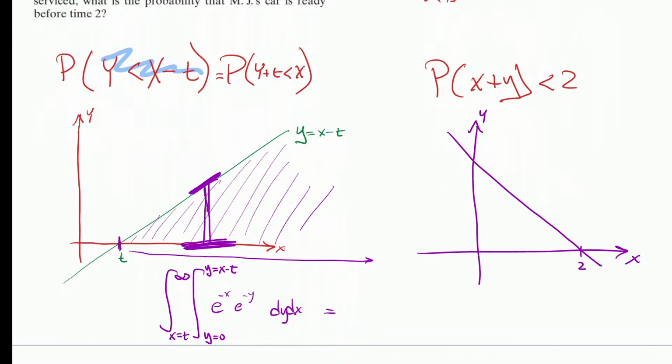So this is 2. This is 2. And this is x plus y equals 2. Or another way of writing that is y is equal to 2 minus x. So you're interested in that.